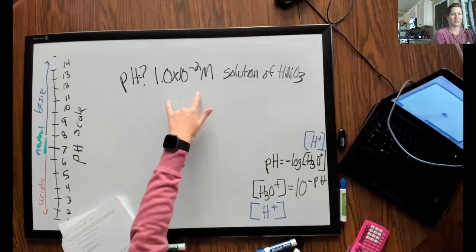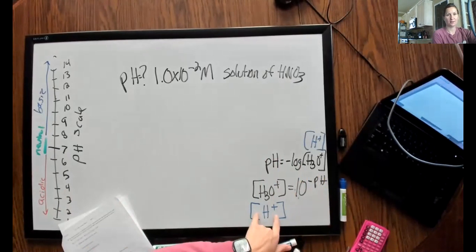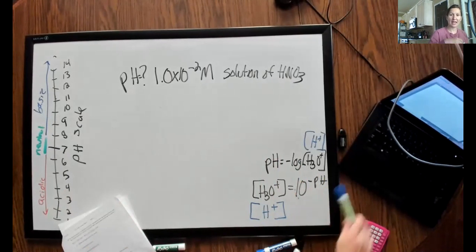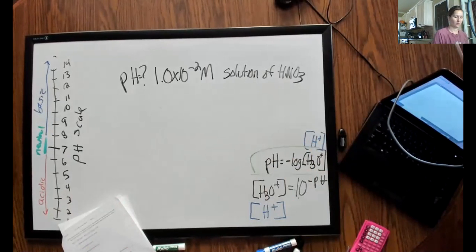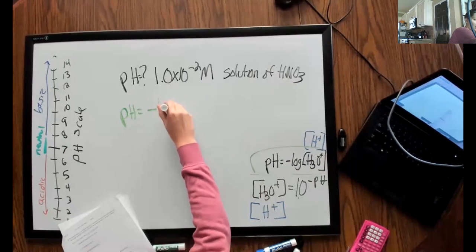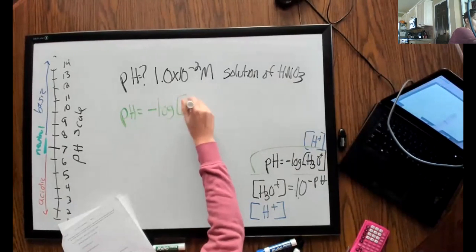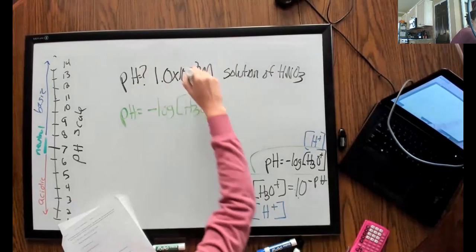So they've given us the concentration. So that's our H3O plus in these equations. Since we're calculating pH, we're going to use the equation where pH is equal to negative log of H3O plus. So this is going to go in there.